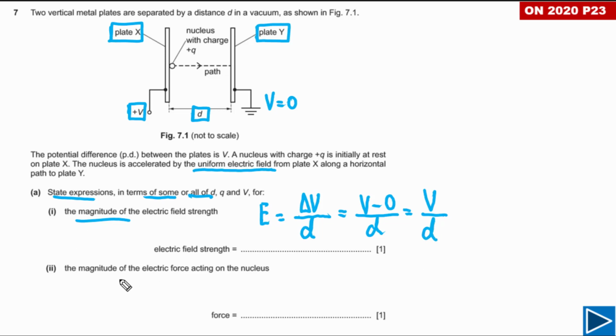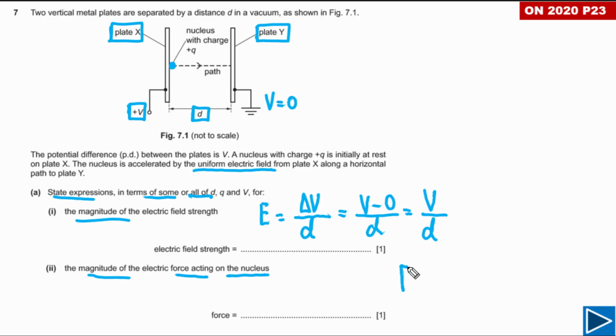For the second part, the question is asking us for the magnitude of the electric force on the nucleus, meaning the magnitude of the force acting on this nucleus. The magnitude of force in this case will be constant because this nucleus is in a uniform electric field.